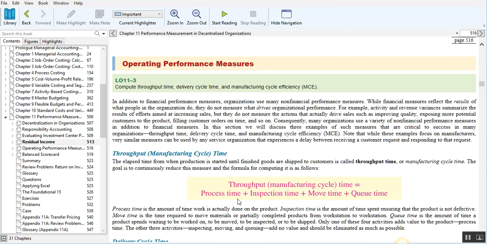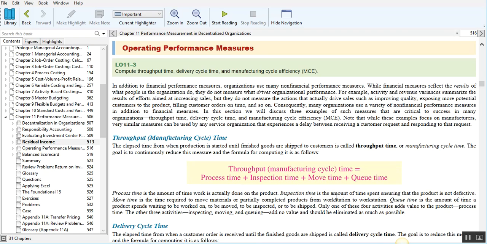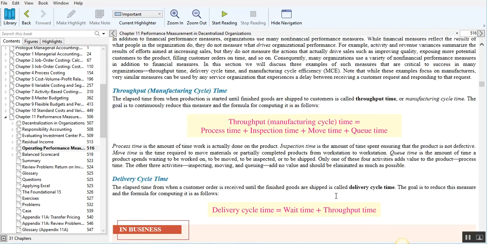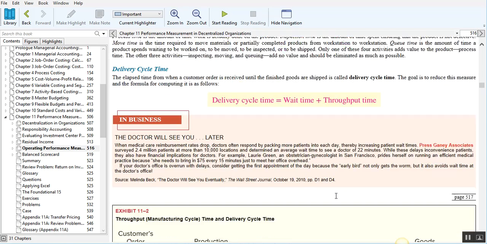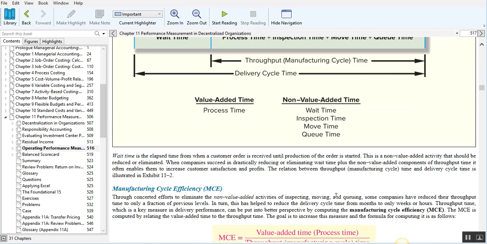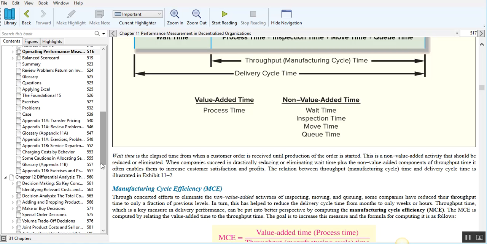These others can also come into play, and what they are talking about here in the remainder of the chapter is just making sure that you have multiple measures so you can have a balanced scorecard, that you're not just basing all performance or accountability on one particular measure. Okay, I think that pretty much covers chapter 11.